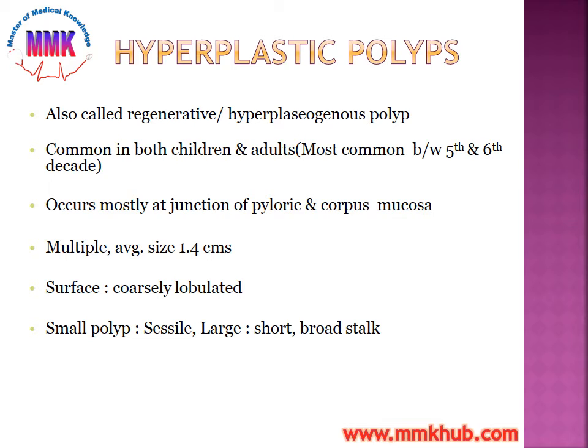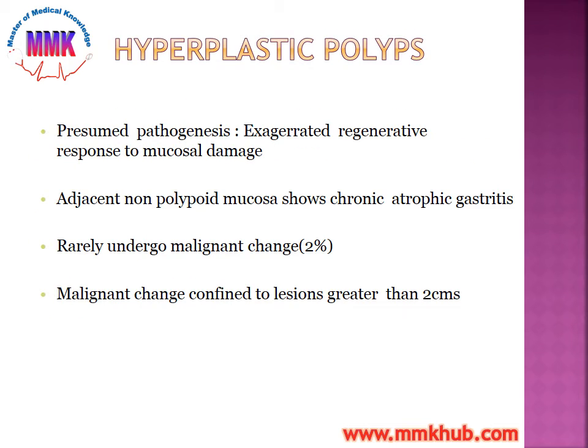Surface of the polyp is coarsely lobulated, and if the polyp is small, it is mostly sessile, while if the polyp is large, then it has a short, broad stalk. Regarding the presumed pathogenesis of the hyperplastic polyp, it is an exaggerated regenerative response to the mucosal damage.